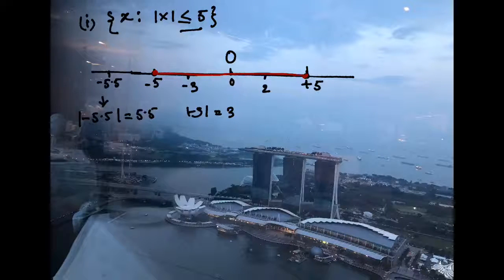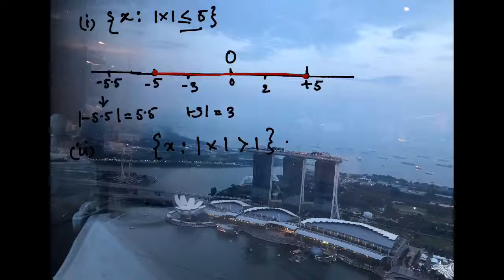Take one more example so we can get a little more clear concept about it. Say modulus of x greater than 1. So we already know when x is greater than or equal to 0, then x value would be plus 1, and when it is less than 0, the value of x would be minus 1.